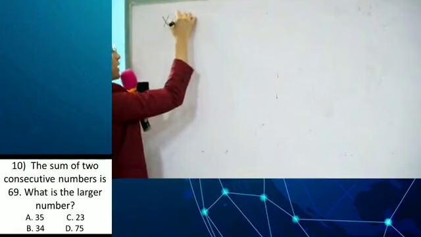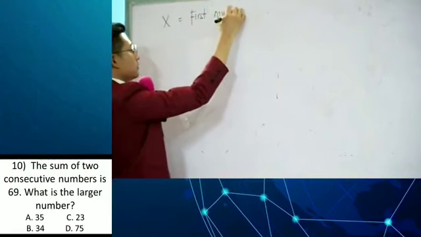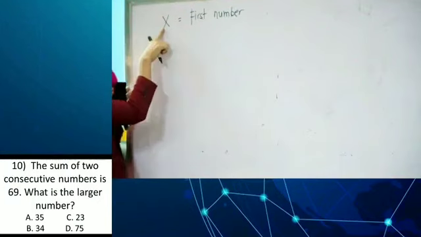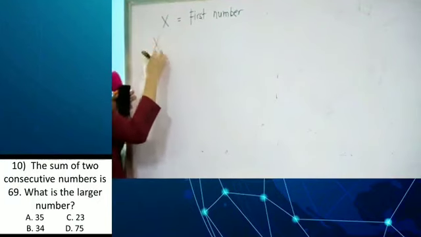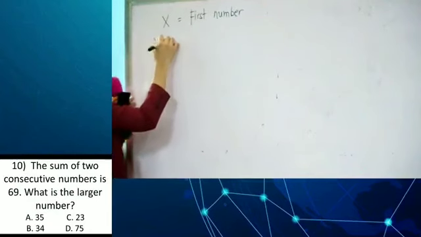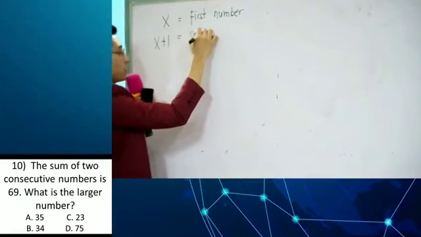Let x be the first number. How about the second number? Sabi sa problem, two consecutive numbers. So, kung ito ang first number natin, ano kaya yung second number? Therefore, that is x plus 1. Kasi sunod na number siya. Okay? So, the second number.